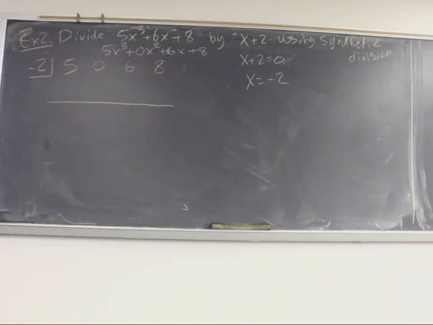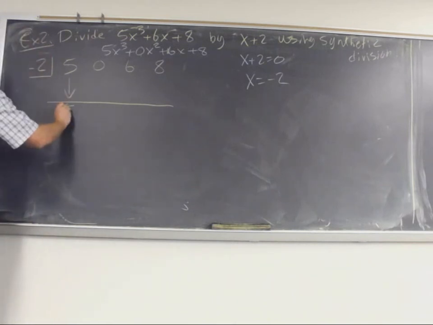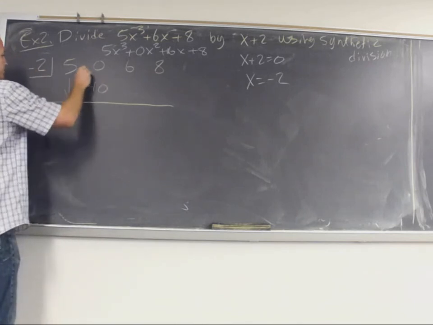Now pause it and give it a whirl. Do just like we did in the previous example. So we start by bringing down the first one, which is 5. 5 times -2 is -10.